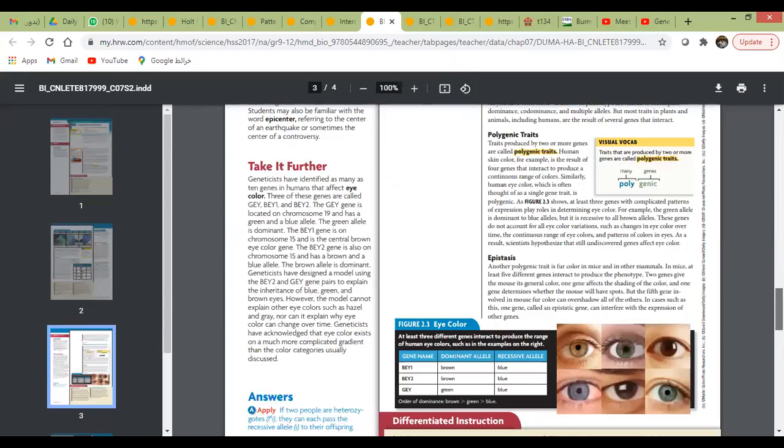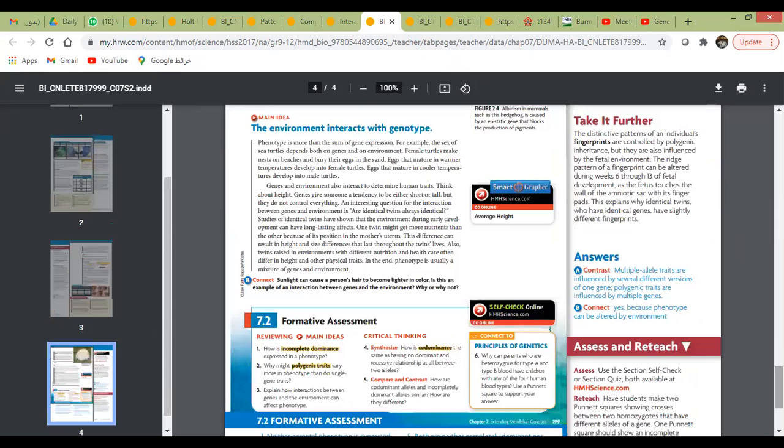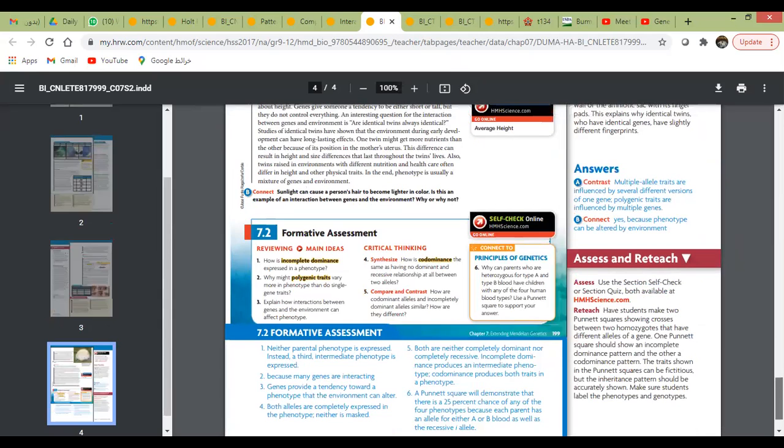Is it clear, Lujain? Yes. إذا neither parental phenotype is expressed. Instead, a third intermediate phenotype is expressed. اللي هو mixing color.